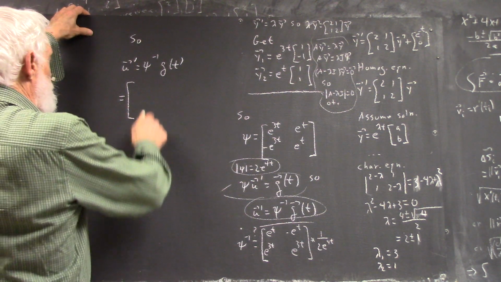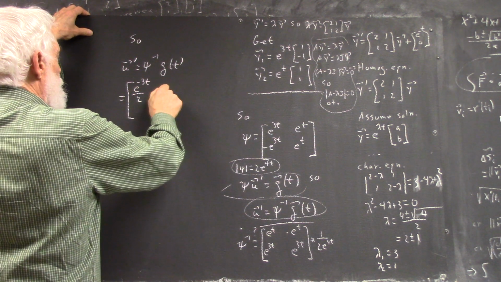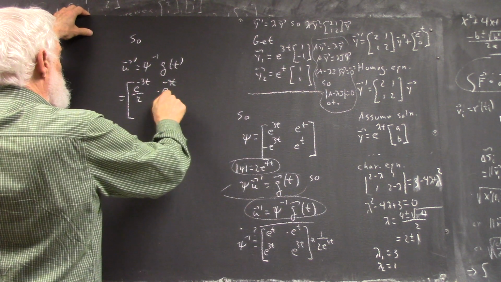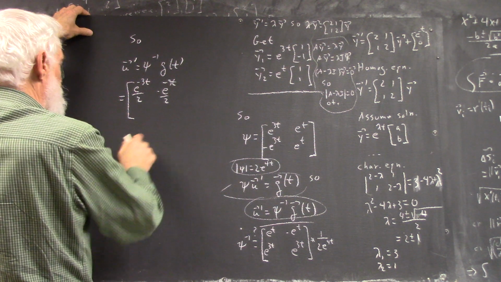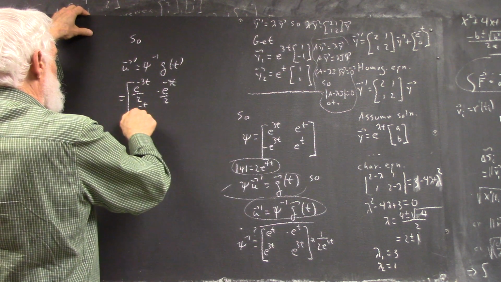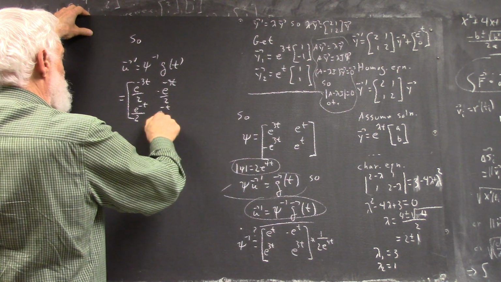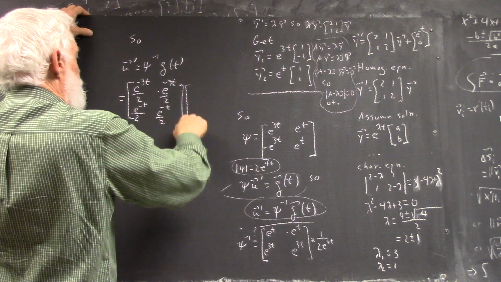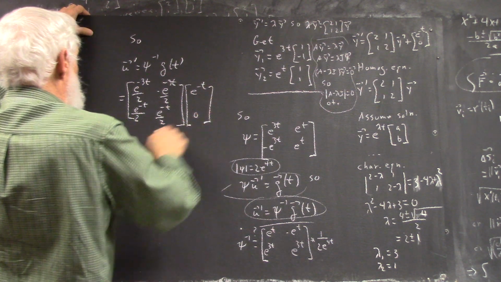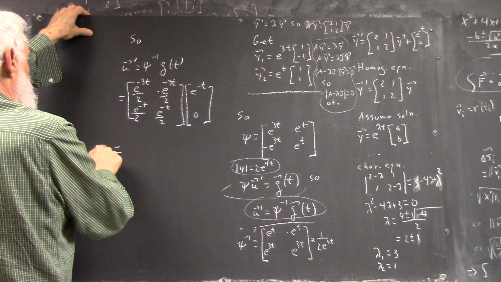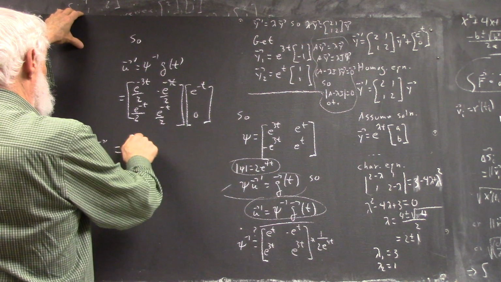And I'm going to get e to the negative 3t over 2, negative e to the negative 3t over 2. And I'm going to get e to the negative t over 2, and e to the negative t over 2 times g of t, which is e to the negative t, 0. So u prime is what? It's going to be e to the negative 4t over 2.